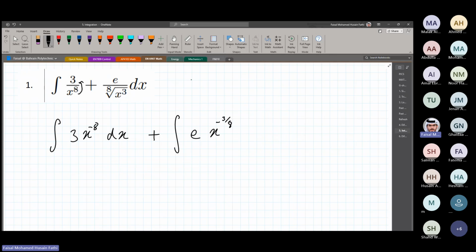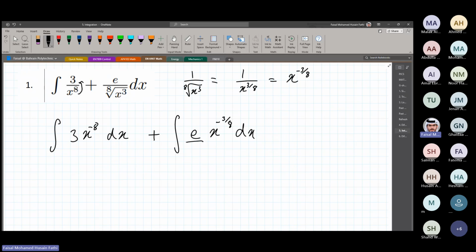How did I get this? Because we have 1 over the 8th root of x cubed. This is the same as 1 over x to the power of 3 over 8, and this is the same as x to the power of minus 3 over 8. You should already know how to do these. Make sure you understand these concepts. dx. And now you can solve easily.